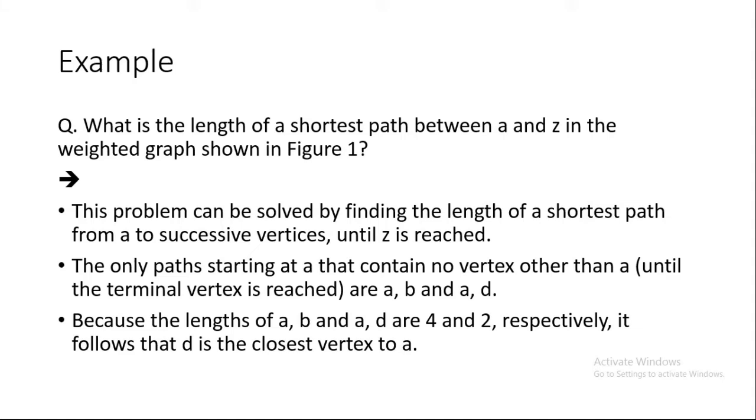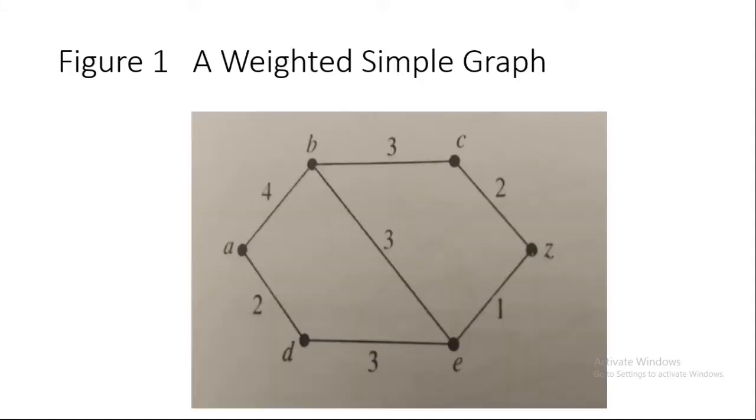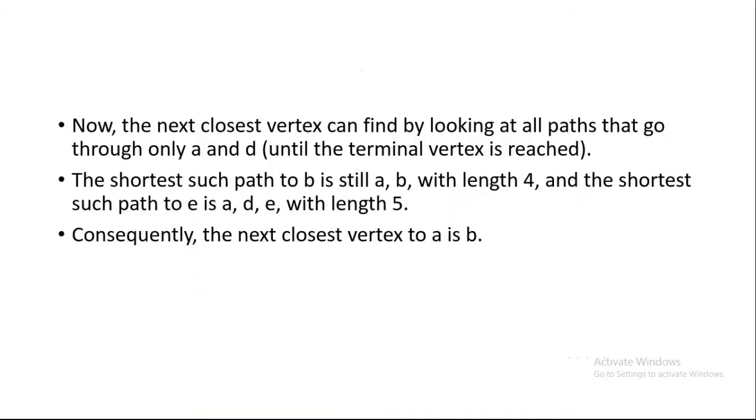And what is the minimum distance between these two? 2. That's why D is the closest vertex to A. Now the next closest vertex can be found by looking at all the paths that go through only A and D first.